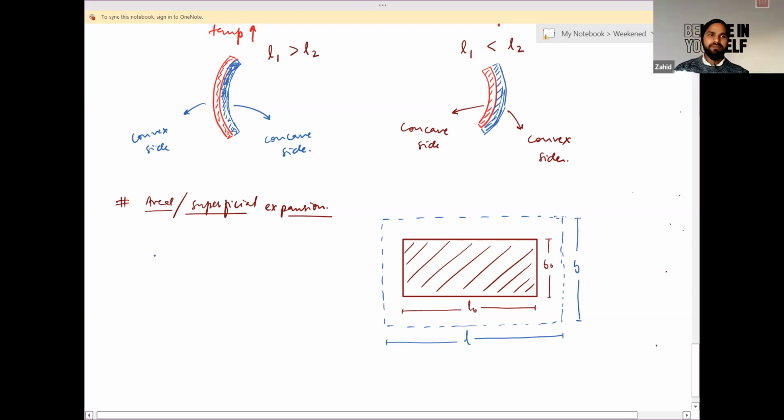This expansion, you define first beta, which is called the temperature coefficient of areal or superficial expansion.